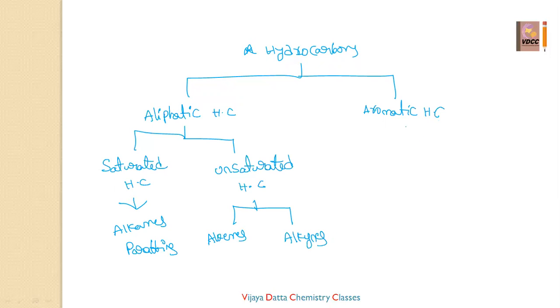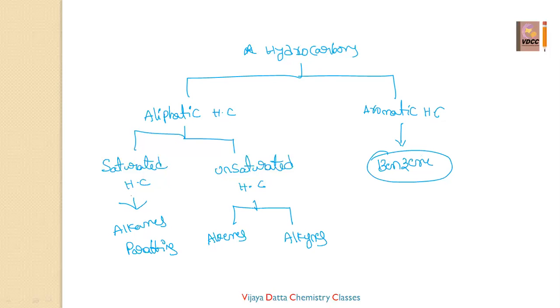Aromatic hydrocarbons, for example benzene and its derivatives, are cyclic aromatic compounds. Aromatic means cyclic, having 4n plus 2 pi electrons. We'll study this in aromatic hydrocarbons. The best example is benzene. So this is the hydrocarbons flow chart.